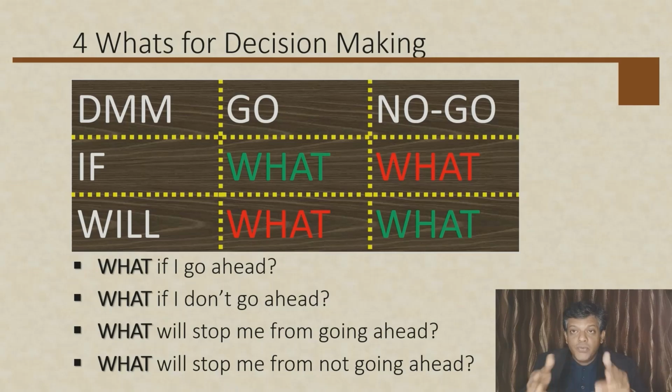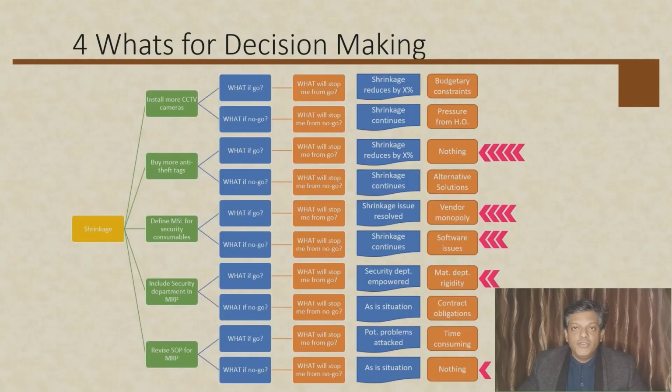And the what will, the other 2 whats, are going to help you in assessing what would be the roadblocks, whether you choose to go ahead with it or you choose not to go ahead with it. And with these 4 simple whats, a lot of confusion can be cleared, and you can take quick and fast decisions on the go.